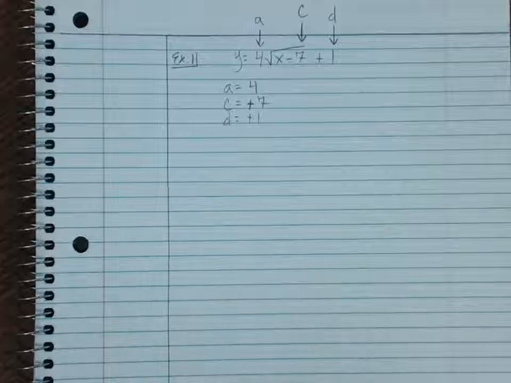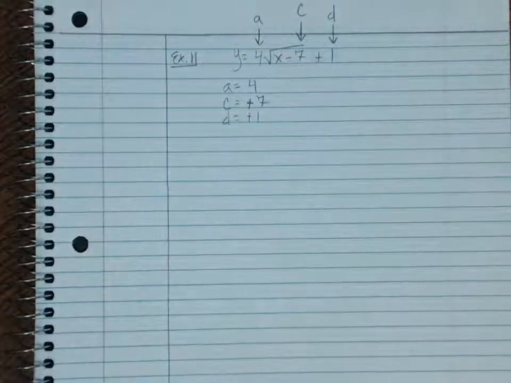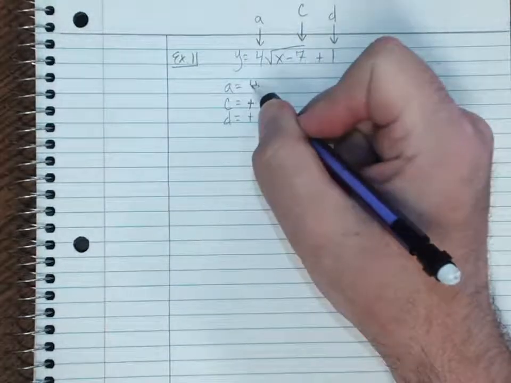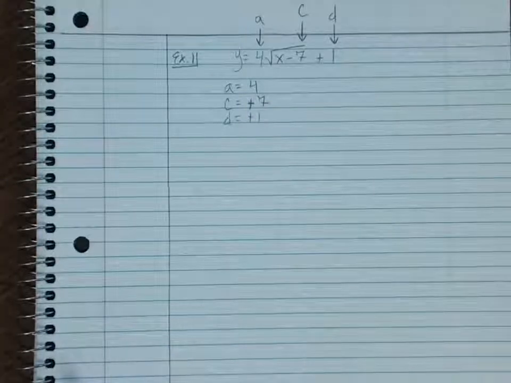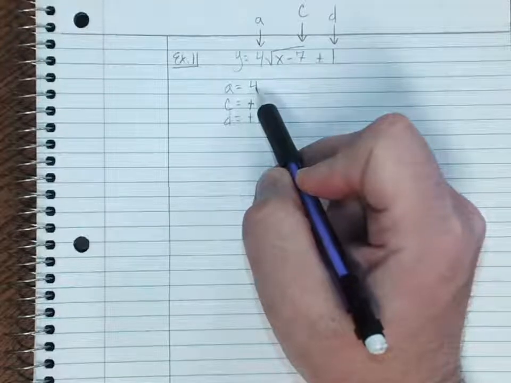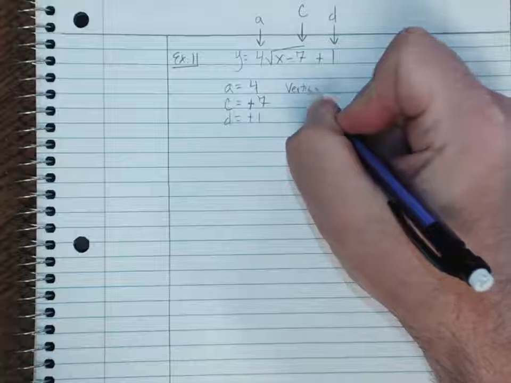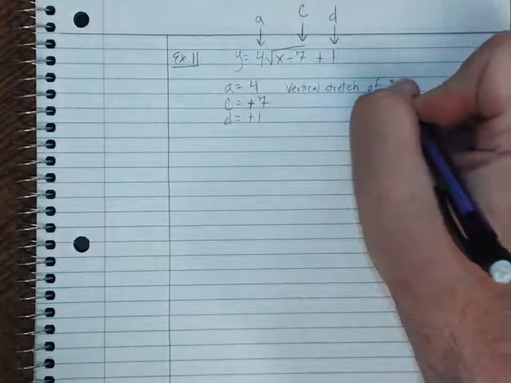Now we can interpret them. So when I look at A, I'm going to look at 2 different things. What is its sign and what is the value, right? So the sign is positive, which means there's no reflection. So I don't have to worry about that. The value is 4. 4 is larger than 1. That makes this a vertical stretch of 4.